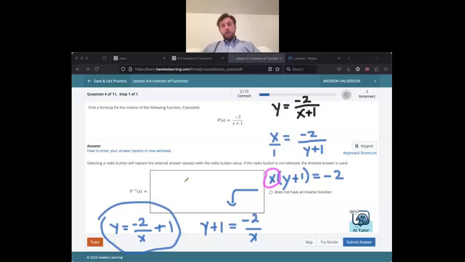We can distribute the x inside, but because it's x on the outside of a parentheses, it's x times y plus 1. So you can get rid of the x just by dividing both sides by the x, because you're going to cancel it. You're treating the x like a plain old number. This is multiplying, so you can just divide both sides by that. It's the same thing as if the x had been a 7. You could divide both sides by 7.